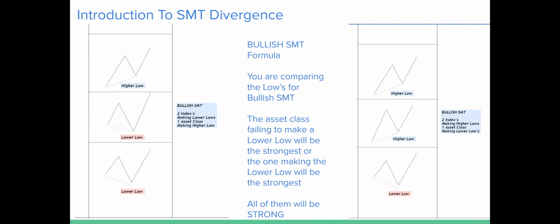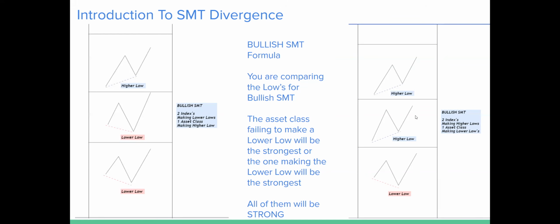So the left side here, bullish SMT formula, two indexes making lower lows and one asset class making a higher low. So let's say here we have ES making a higher low, we have NQ making a lower low, and we have YM making a lower low. So you see how two of them are doing the same thing, and one of them is the odd one out. This one is typically going to be the strongest out of all of them.